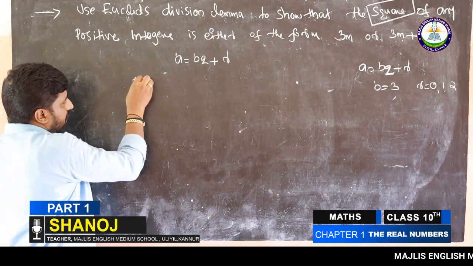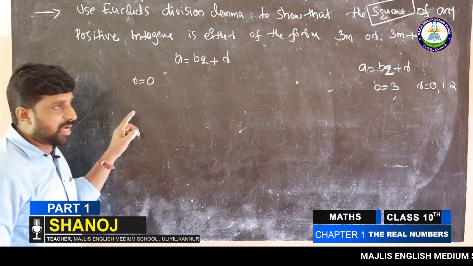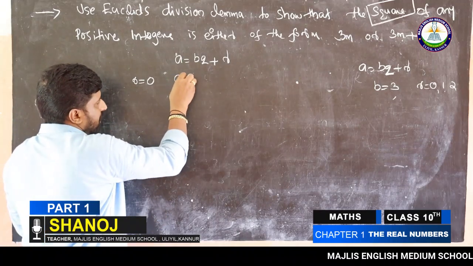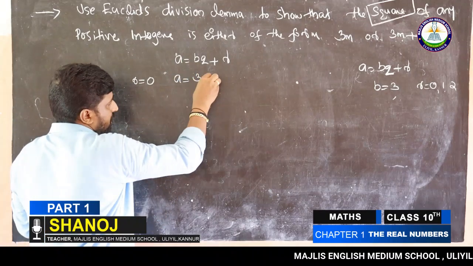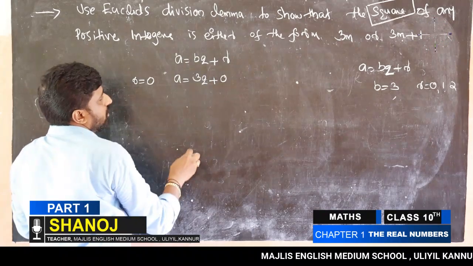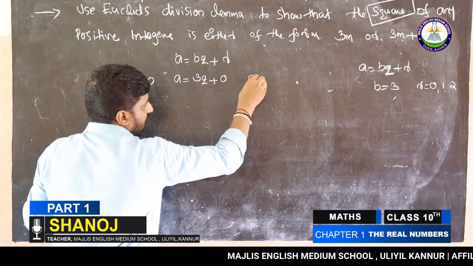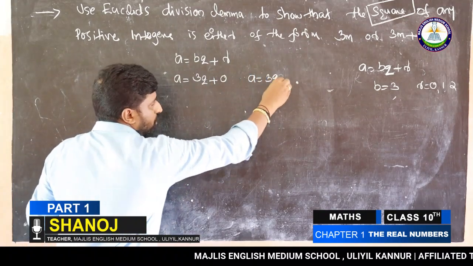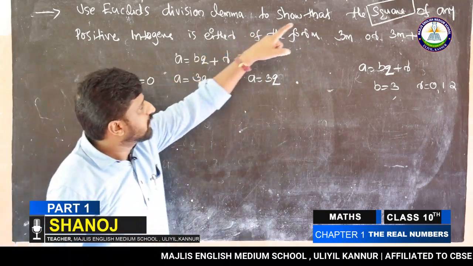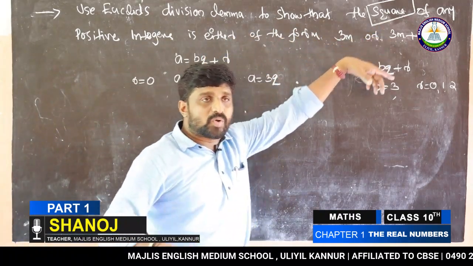First we can take R equal to 0, and this becomes A equal to 3Q plus 0. That is A equal to 3Q. Here we need the square, therefore we need to square that.